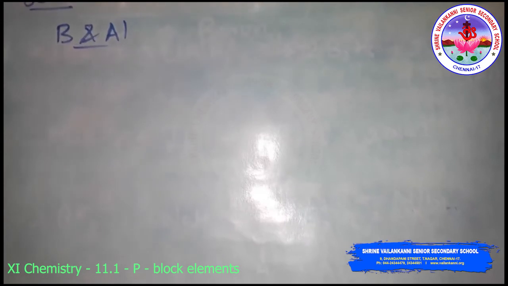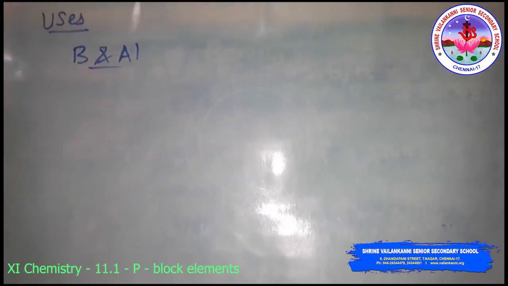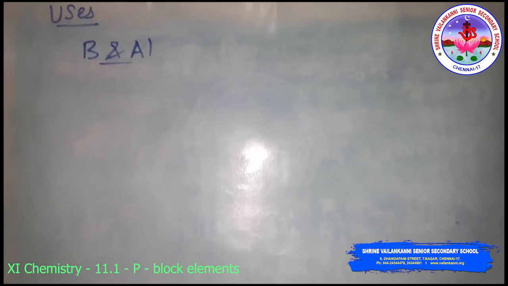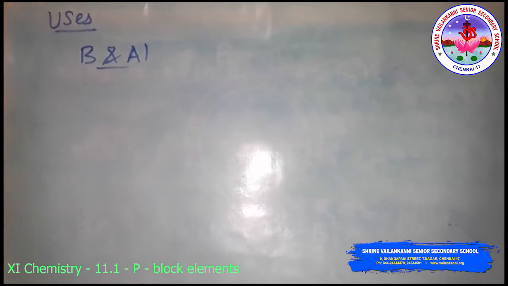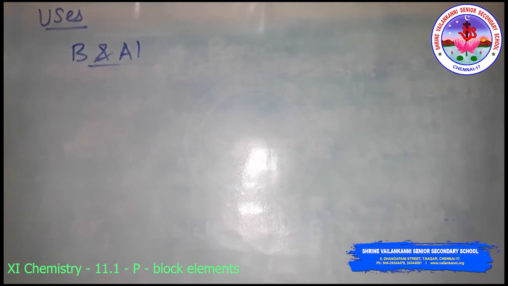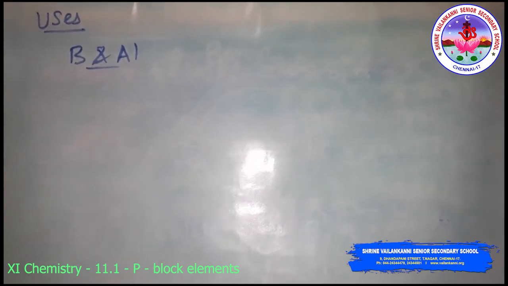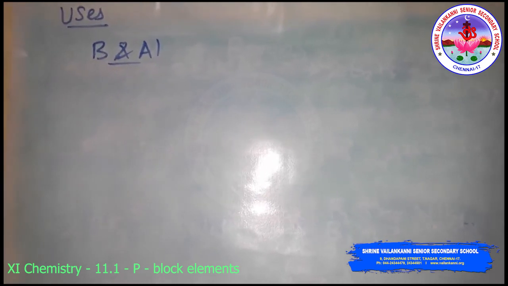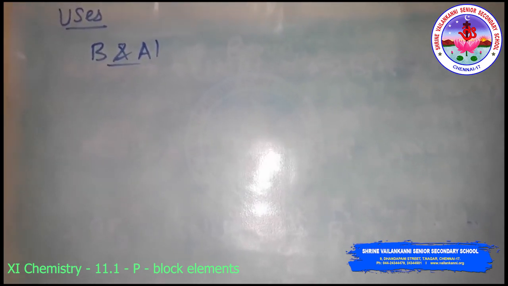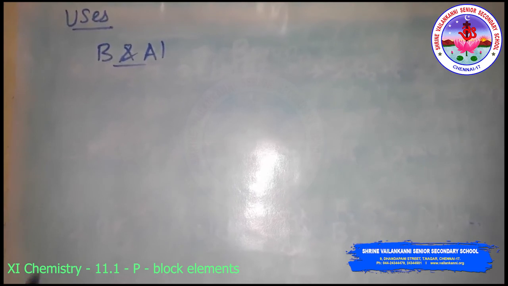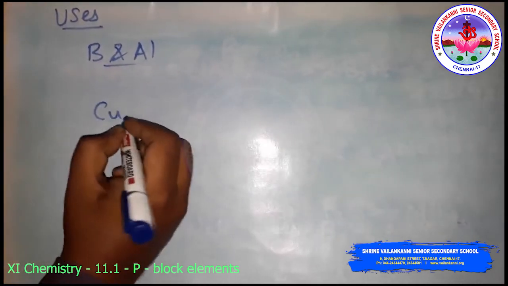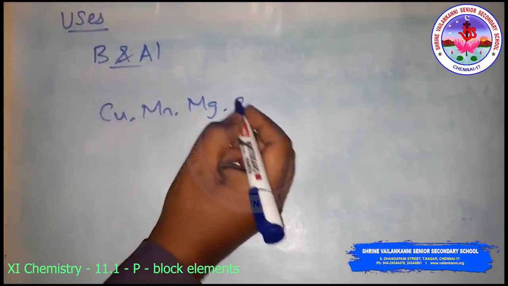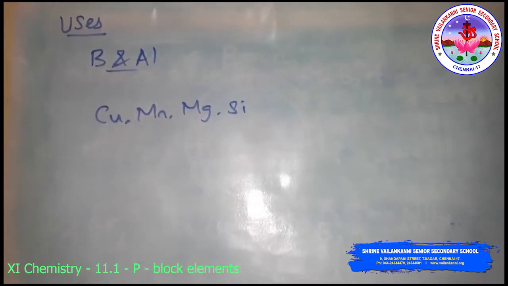Then aluminum is a bright silvery white metal with high tensile strength. It has high electrical and thermal conductivity on a weight to weight basis. So the electrical conductivity of aluminum is twice that of copper. So aluminum is used extensively in industries and everyday life. For example, it forms alloys with copper, manganese, magnesium, silicon and zinc.